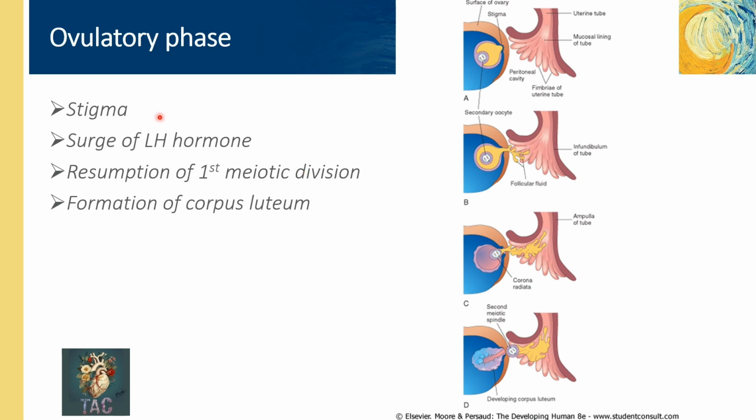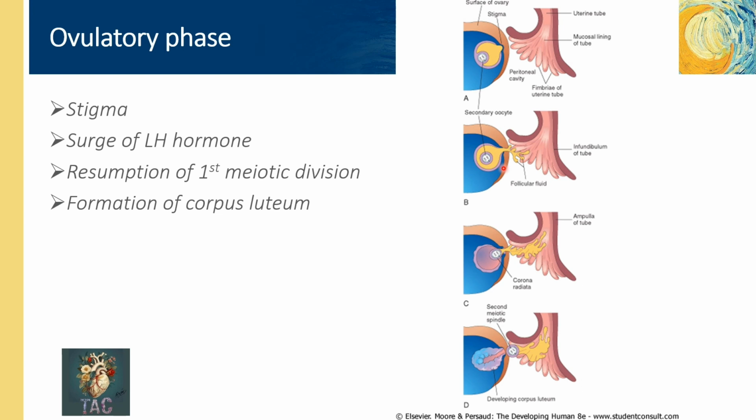So in the ovulatory phase, first the Graafian follicle enlarges inside, and it produces a stigma. This is an avascular spot on the surface of the ovary, and under the effect of different hormones, collagenase activity increases on the surface of the ovary, and when there is a surge of LH hormone, there is an increase in collagenase activity.